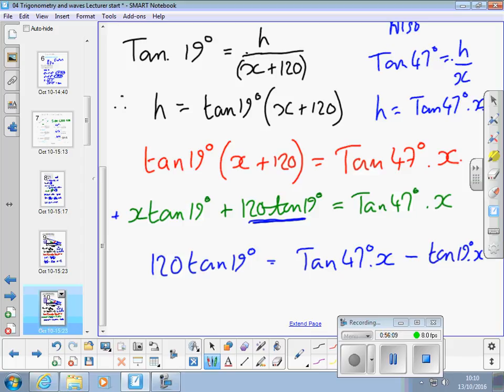Remember, between these, there's a multiply. That's what that dot is in there. So this is tan 47 times x. That's minus tan 19 times x. What can we do with common factors from previous weeks? What do we do when we factorise?